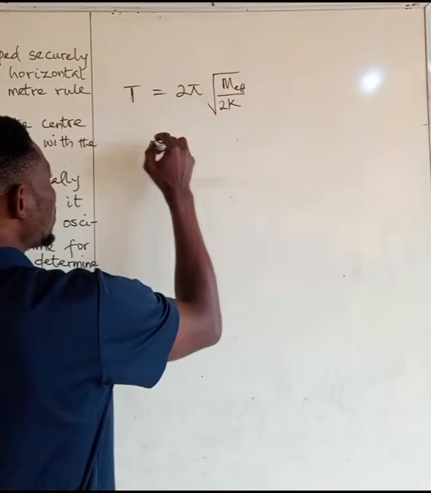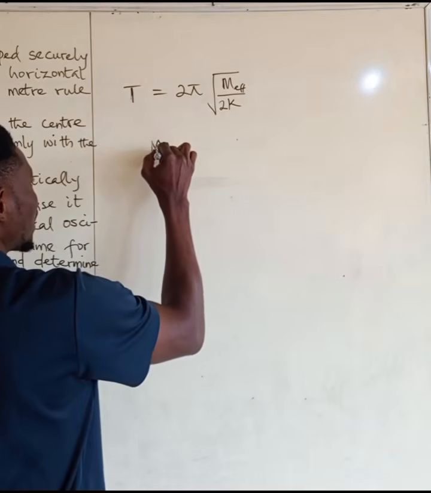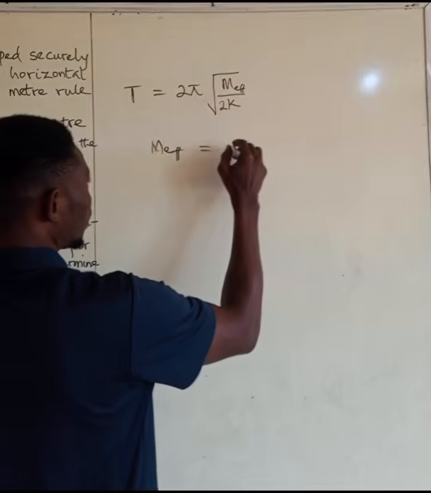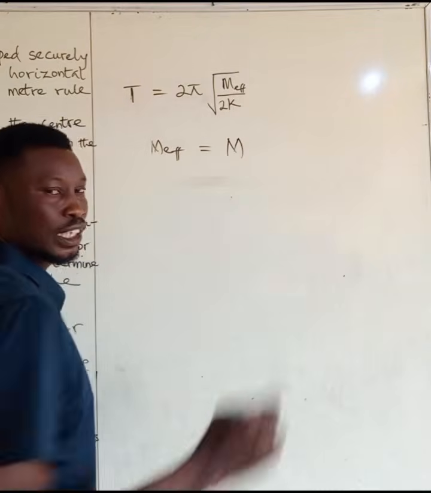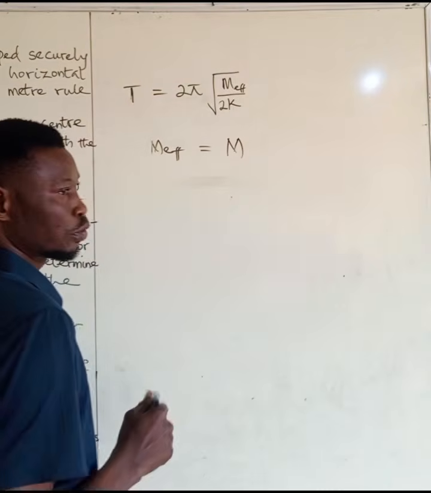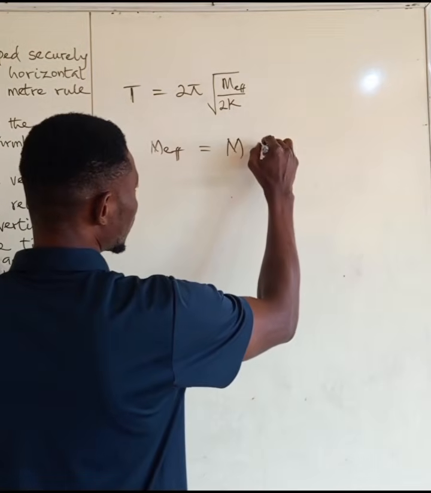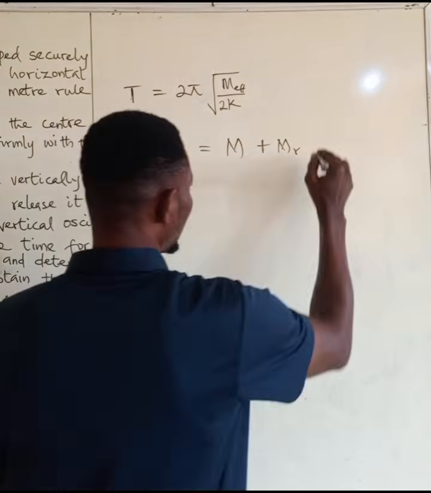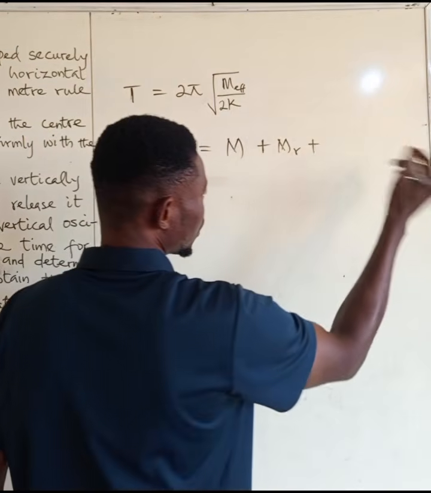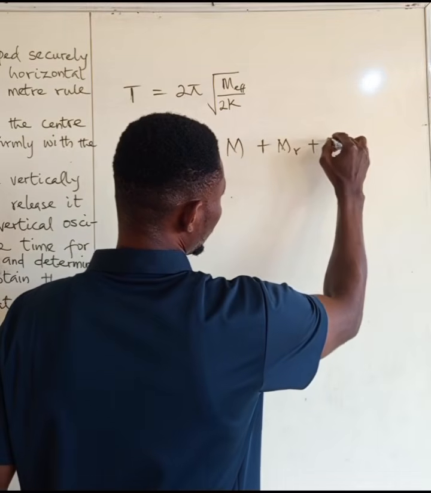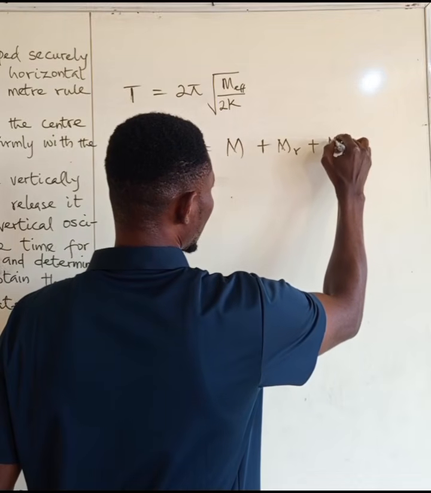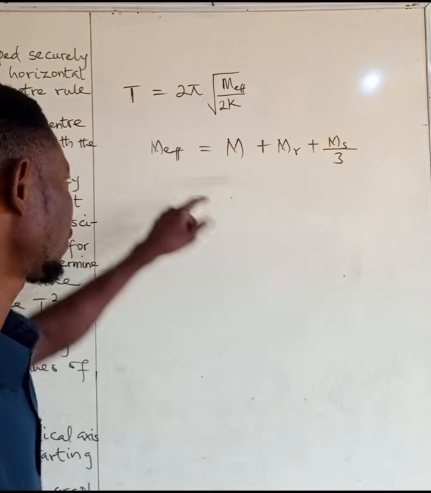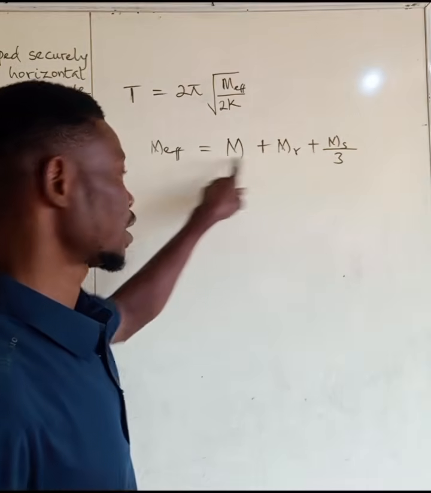So this M effective, or this effective mass of the system, is actually equal to the load which you are adding to the suspended rule plus the mass of the meter rule plus the mass of the spring, which will be 1 over 3m, or if you like, mass of spring all over 3. So that's what the effective mass here is going to be.